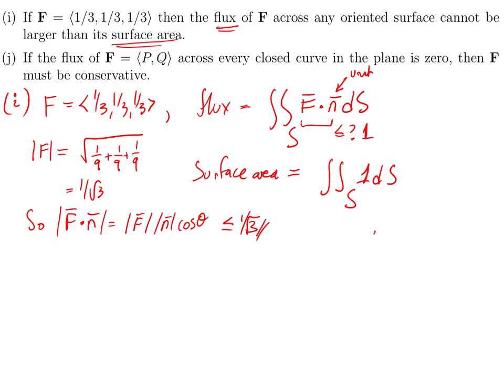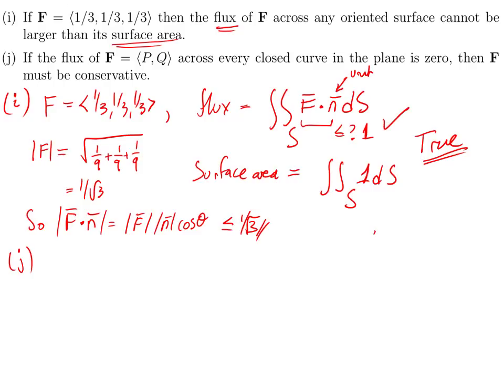And so in particular, this is true. So it's less than 1. In fact, it's less than 1 over square root 3. So actually, yes, the flux is always less than or equal to the surface area. This was a little tricky because it required you to combine a few different concepts: think about what the flux means geometrically as this dot product, and then reason about the dot product using the lengths of the vectors.